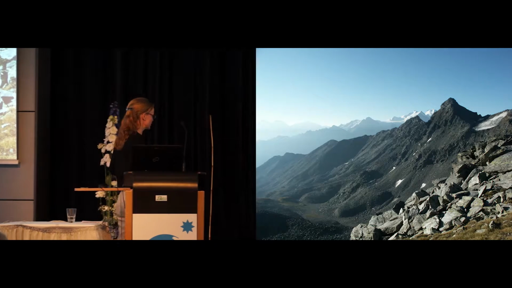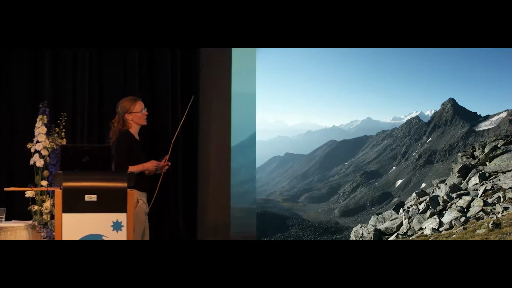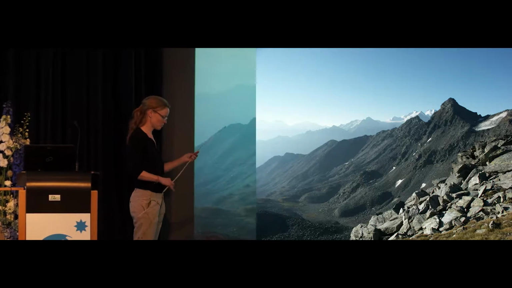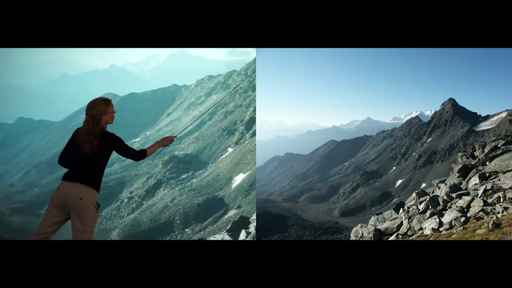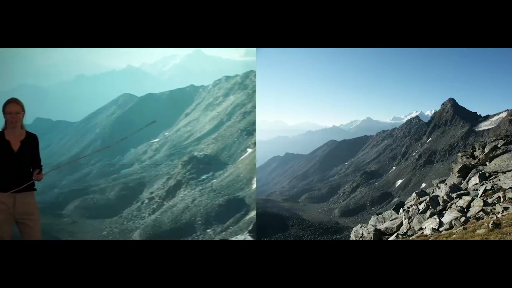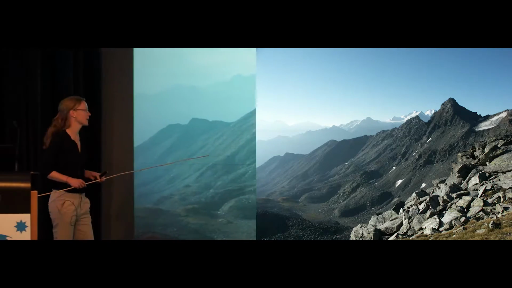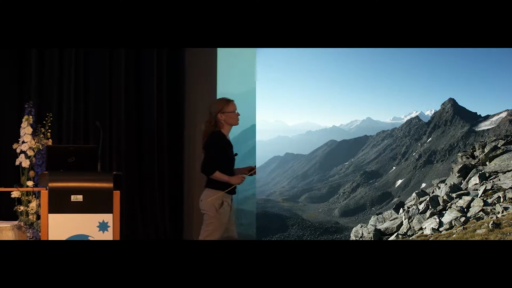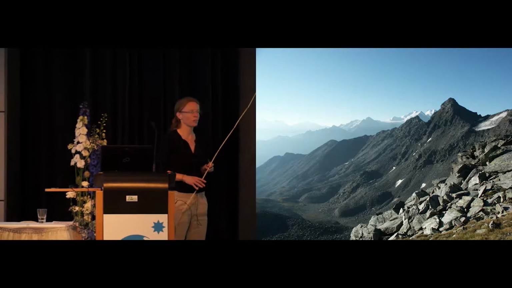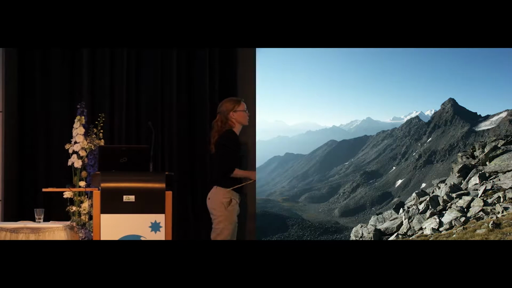If you look at this landscape here, this is a view in the Swiss Alps, of course. You see here the Dom, which is the highest peak entirely situated on Swiss terrain. You see several mountain ridges, so you see the large-scale topography and also small-scale topography.